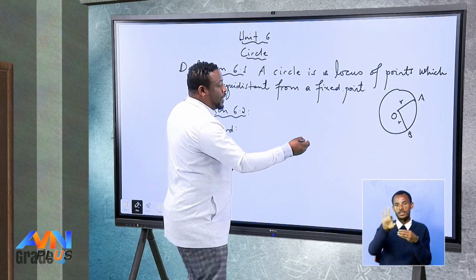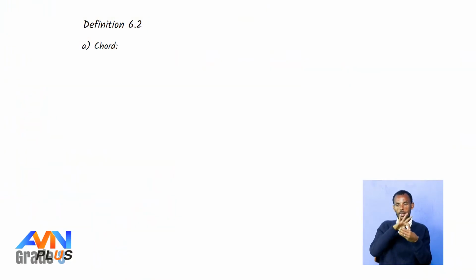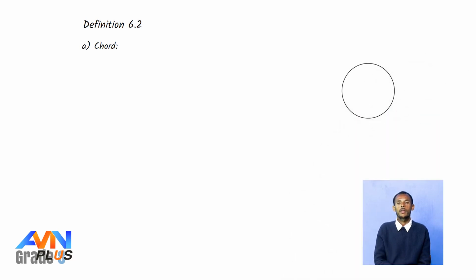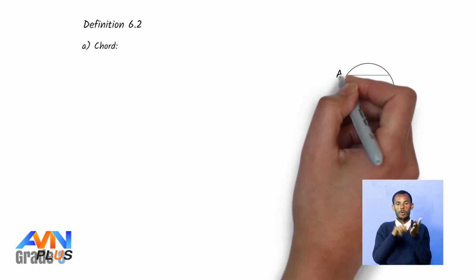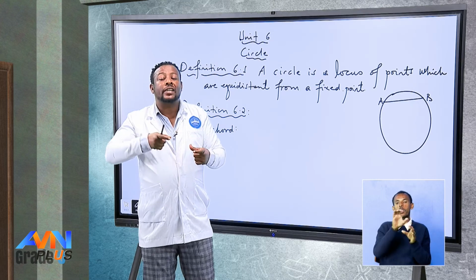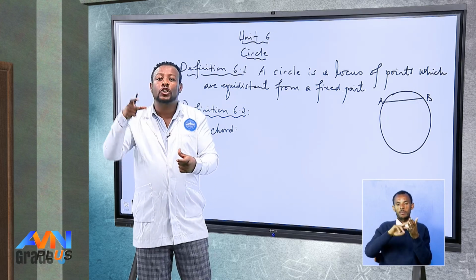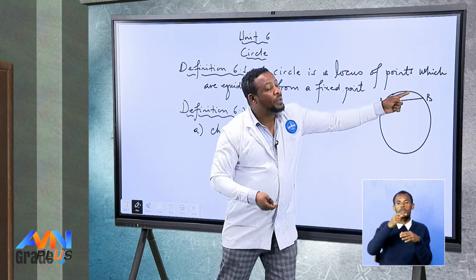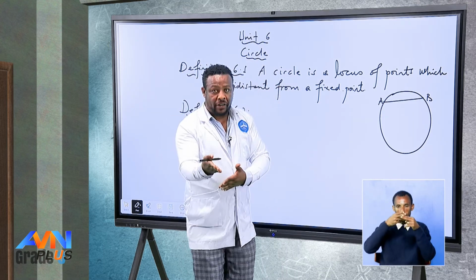For example, if you have a circle like this, say this is a line segment joining the points A and B. By definition, a chord of a circle is a line segment joining 2 points on the circle. Therefore, AB is called a chord.